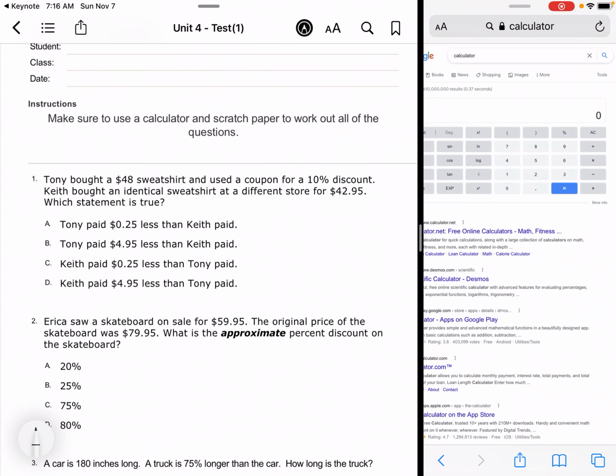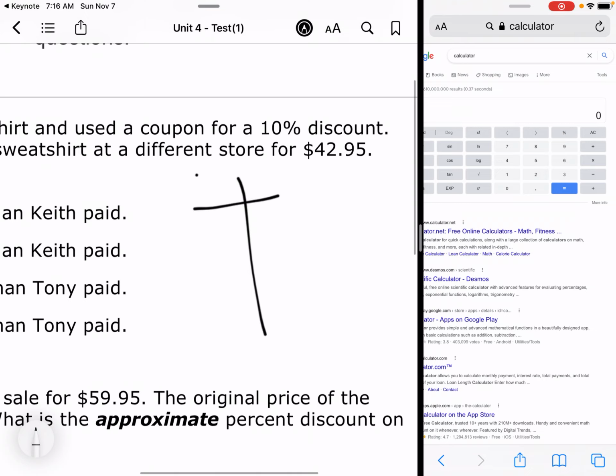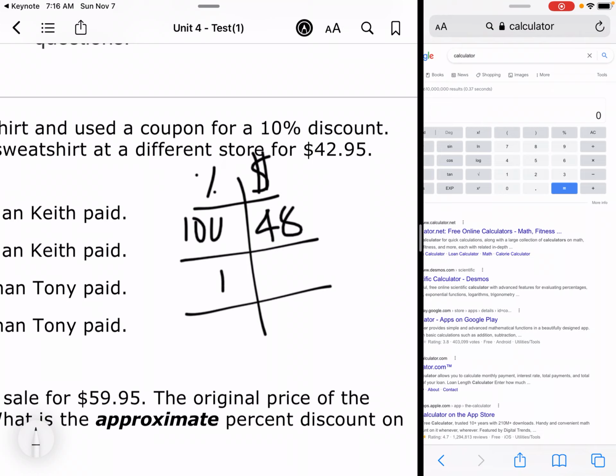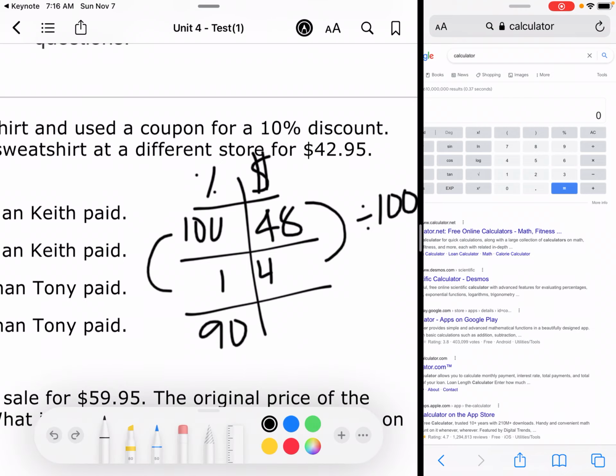Okay, so I know that I have my percent and my money. I know if I save 10%, I'm paying 90. So I divide by 100. Then I'm going to multiply by 90.